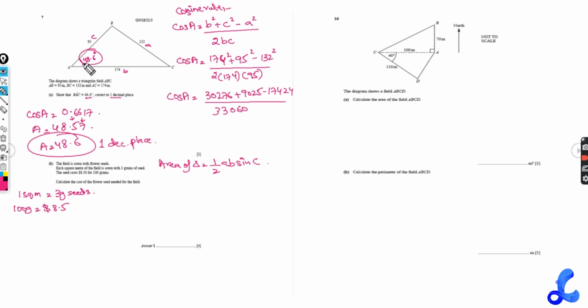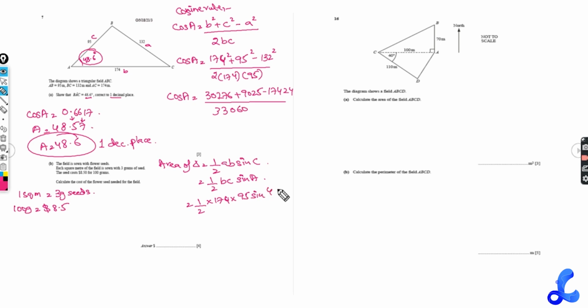Over here sine of A is given to you, so our formula would change a little bit. Half BC sine of A. Half B is given to us as 174, C is given to us as 95.